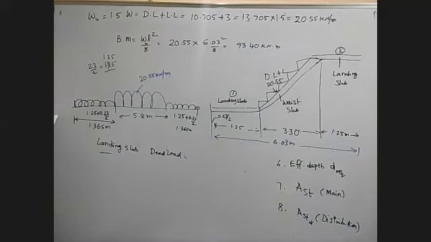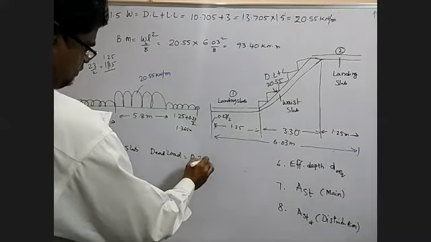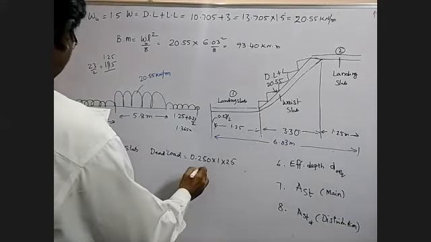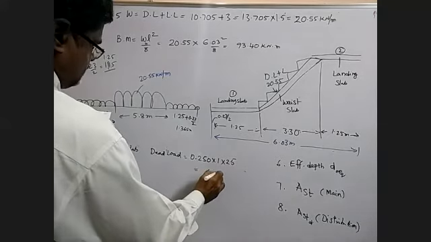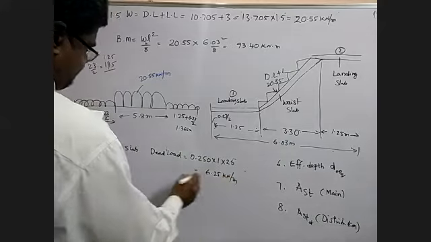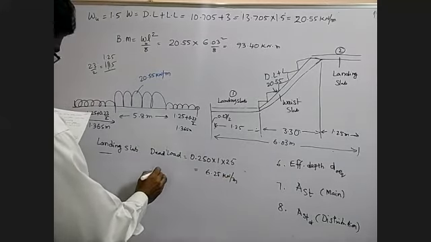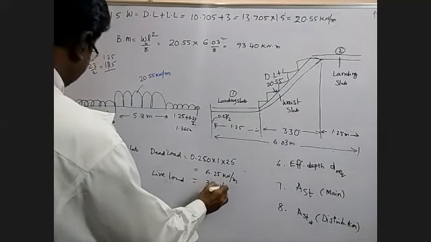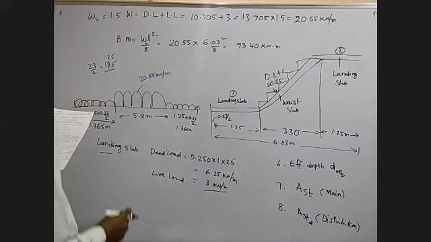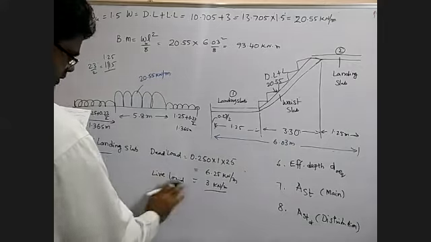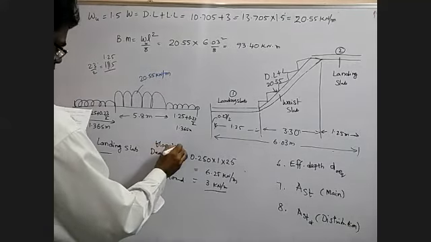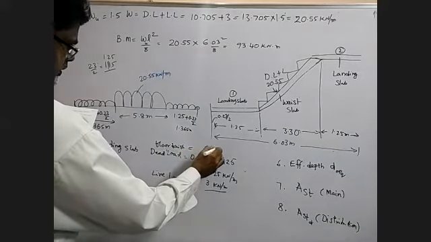Now here we have to calculate the dead load of the landing slab. Landing slab dead load is equal to 0.25 into 1 into 25. So it comes to 6.25 kilonewton per meter. And the live load is equal to 3 kilonewton per meter. And of course, the floor finish also you have to add, floor finish 1 kilonewton per meter.